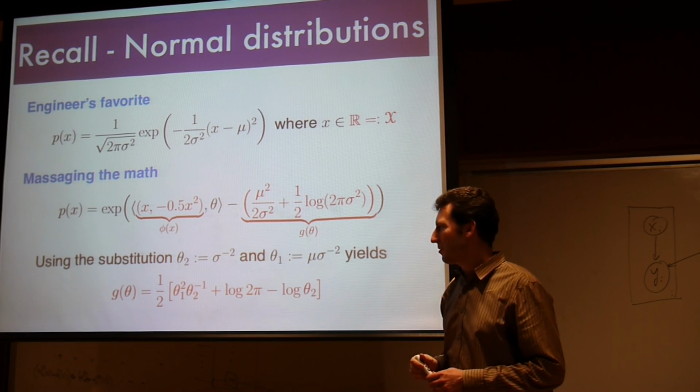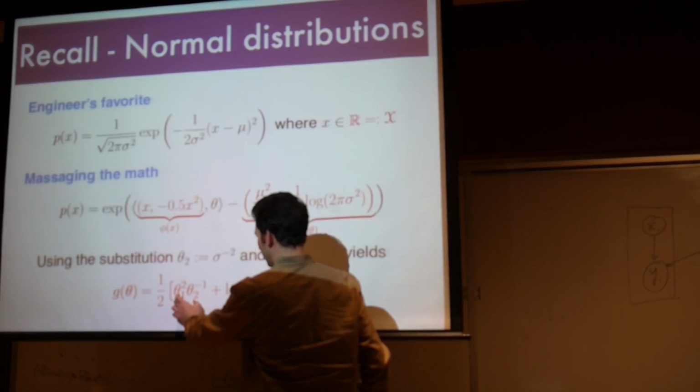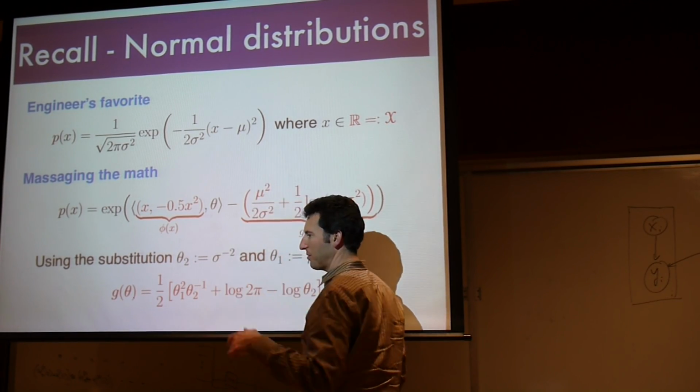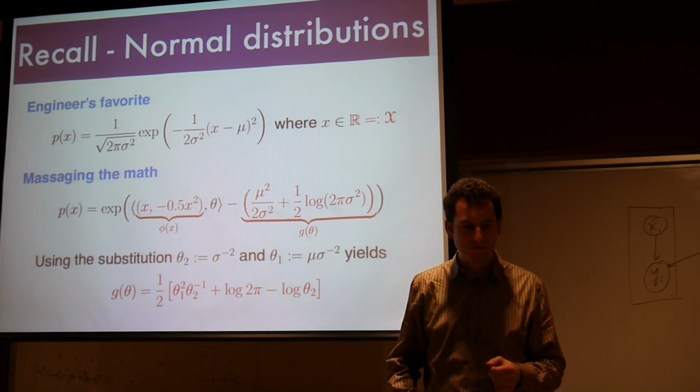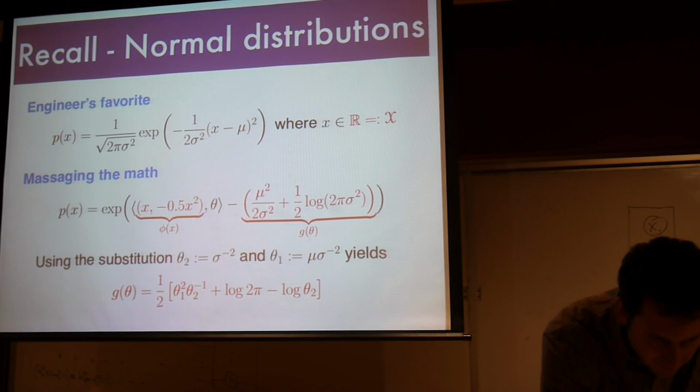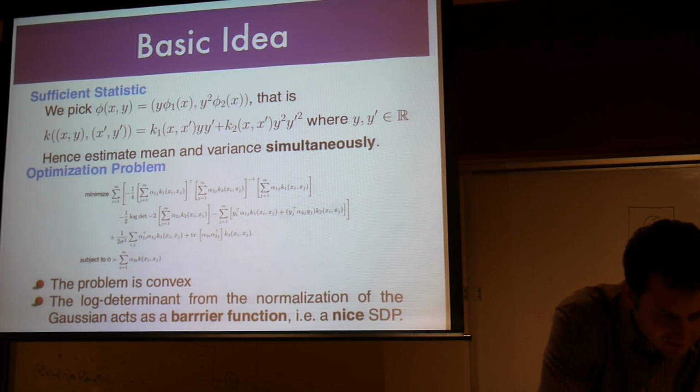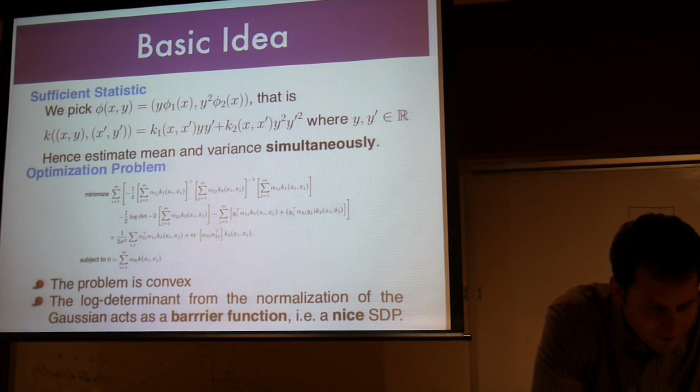Now what I'm going to do is make θ1 and θ2 variables, and estimate them given data. So here's what we have. Basically phi of x and y, that joint feature map, is y times phi 1 of x and y squared times phi 2 of x.